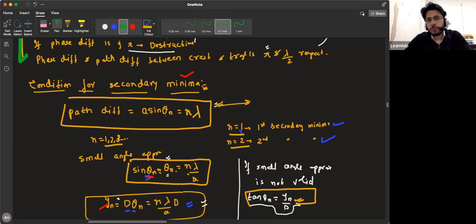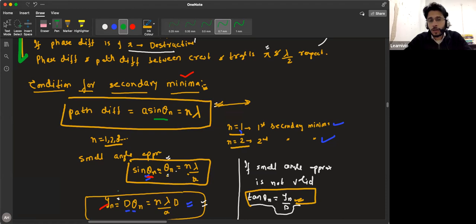Next, if you have a sine theta is n lambda, and I ask you to calculate sine theta n, you will put this a in the denominator, and it is n lambda by a. If I ask you to use small angle approximation, then you can write sine theta equal to theta. So theta n is n lambda by a, right? Yes, sir.